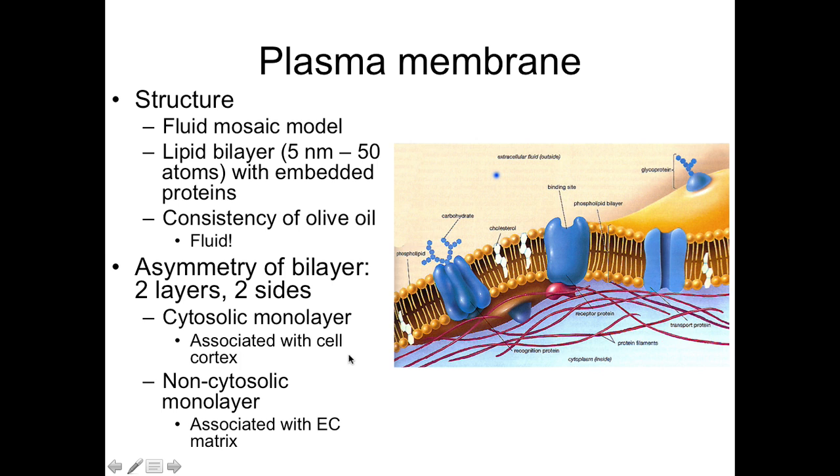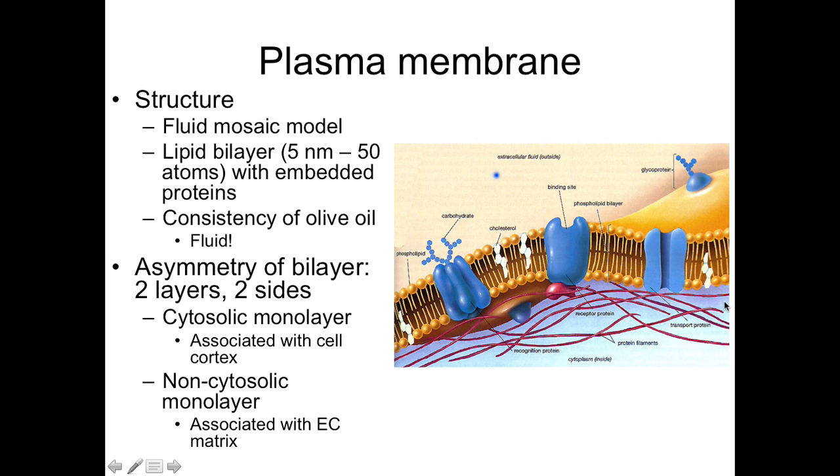You have the cytosolic monolayer, where the phospholipid heads face the cytosol, and you have the non-cytosolic monolayer, where the phospholipid heads face the extracellular fluid or the extracellular matrix or the cell wall. So your membrane is asymmetric.